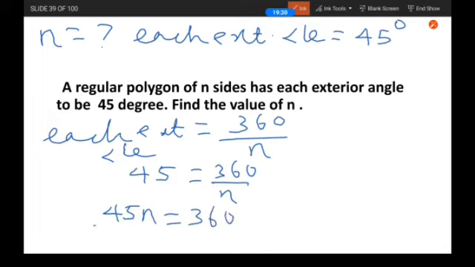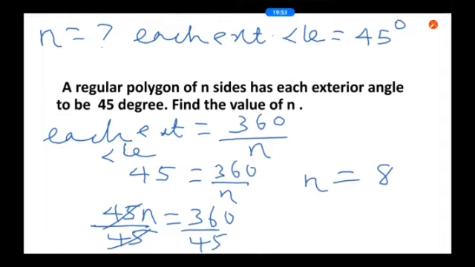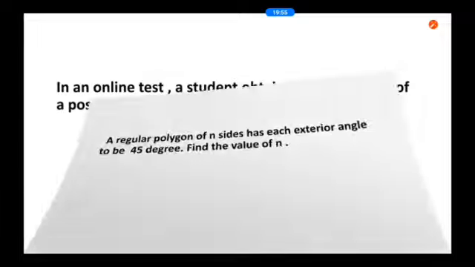So if you divide both sides by 45, your n becomes what? If you divide very well, you are going to be getting what now? That will be 8. So that means the polygon is an octagon. So solve more questions on that.